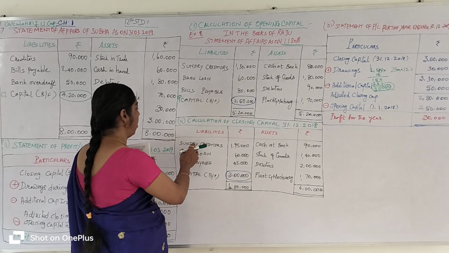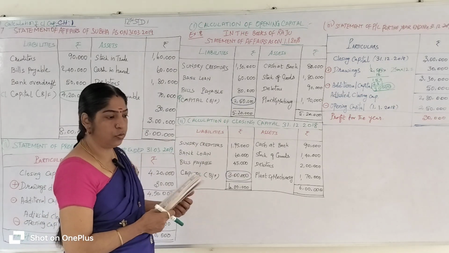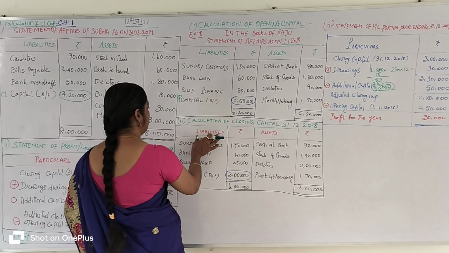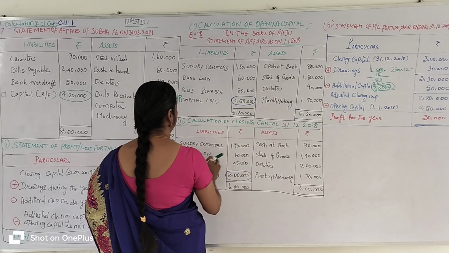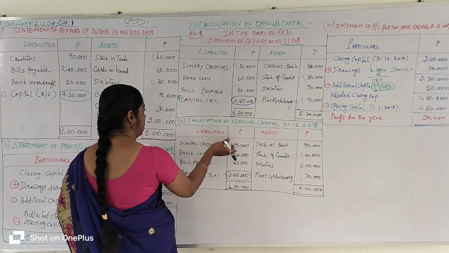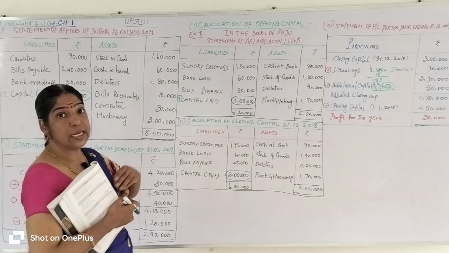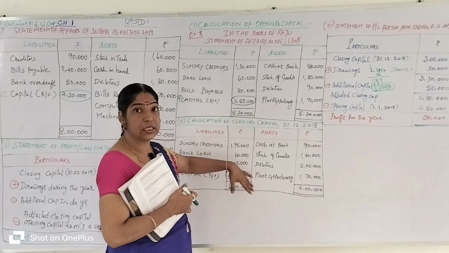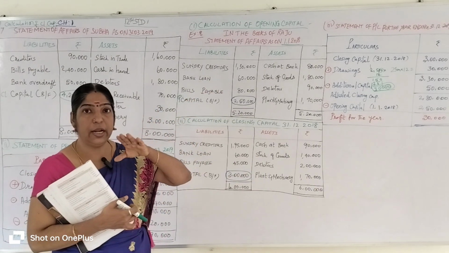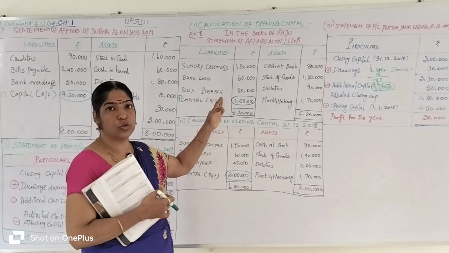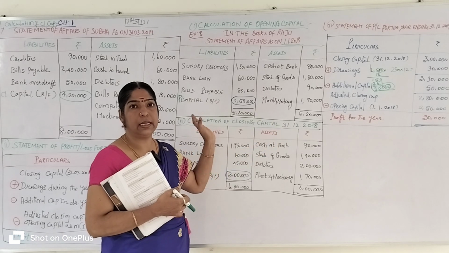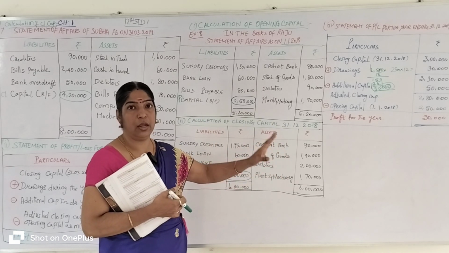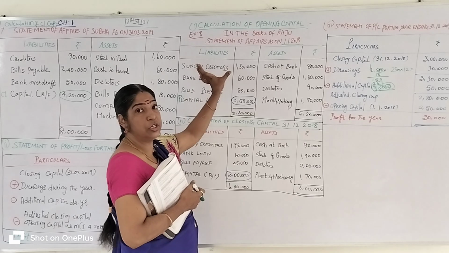So we have already marked the items in the question. First let's come to the liability side. The format is liabilities rupees and asset rupees. This closing capital also comes under the statement of affairs, under Raju's book. You need not write again and again 'in the books of Raju, statement of affairs as on', since it is already mentioned at the top.